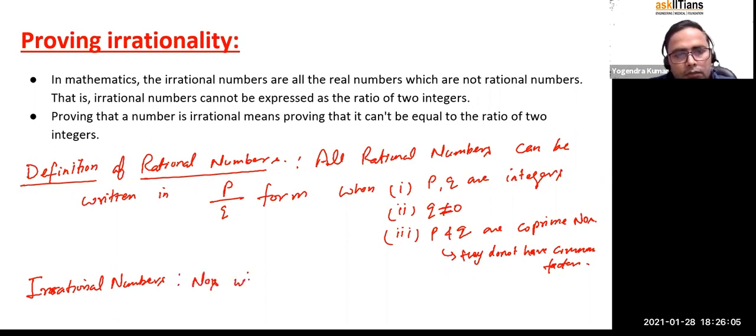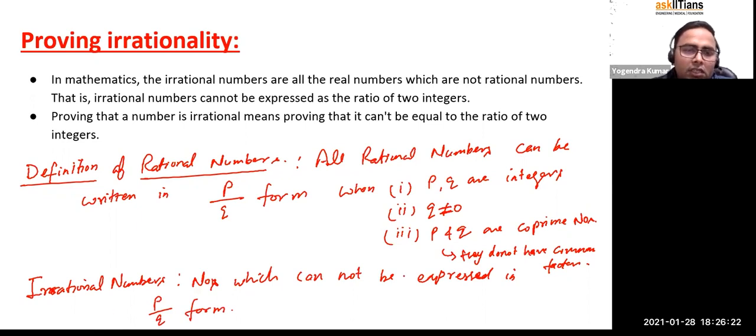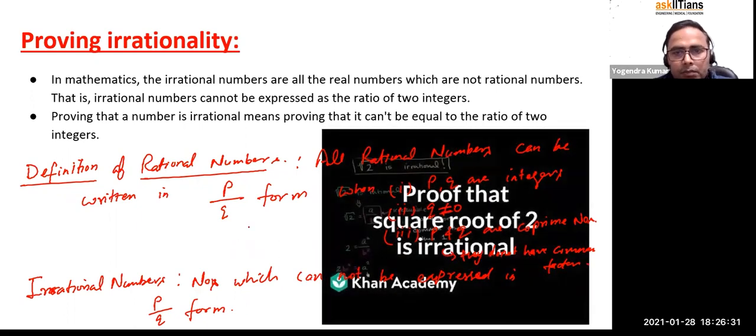Numbers which cannot be expressed in p by q form, right? That's all. So those numbers which cannot be represented in p by q form.